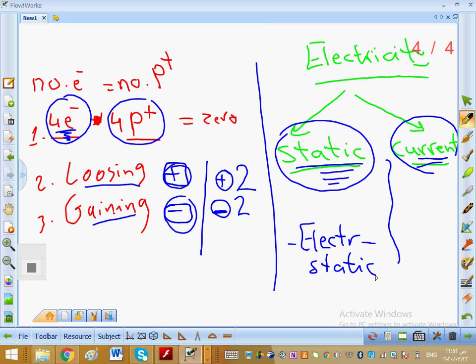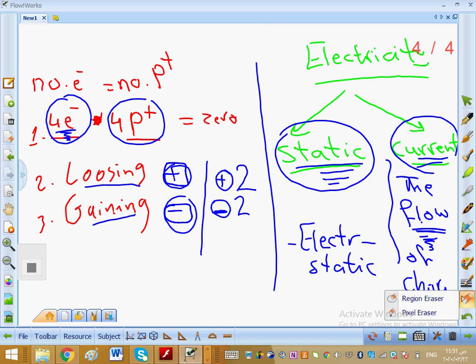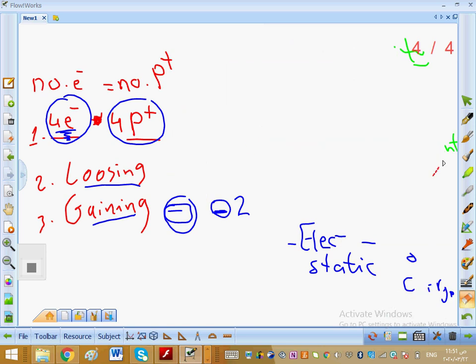What is electric current? The flow of charges through wires. This is what we call electric current.